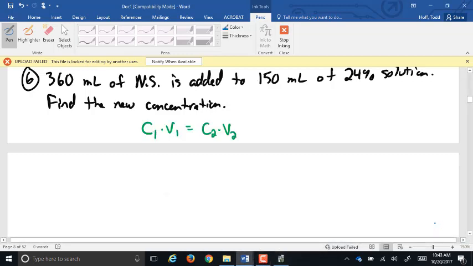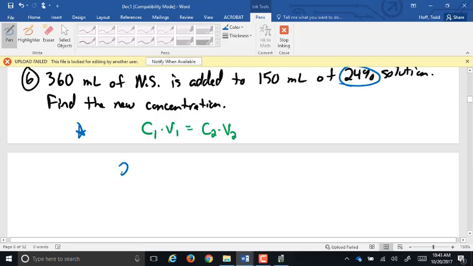There are actually several ways you could approach this problem. The quickest one is probably C1V1 equals C2V2. You could have done it brute force through dilutions if you'd wanted to. If we do C1V1 equals C2V2, what is C1? Remember, C1 is concentration, so it has to be a percent.